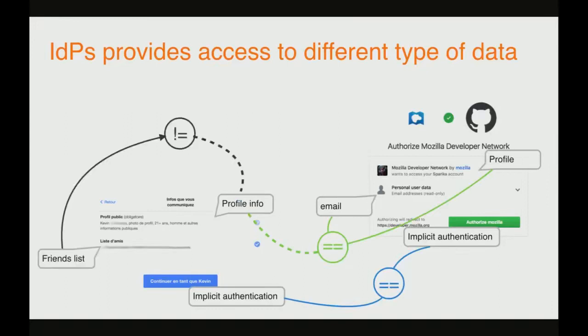But for instance, in Facebook, the website is asking to access the friend list, and this is obviously not available on GitHub. So in this case, GitHub could not be used by the website on the left. This is the kind of specialized data that would block any website from using any identity provider.